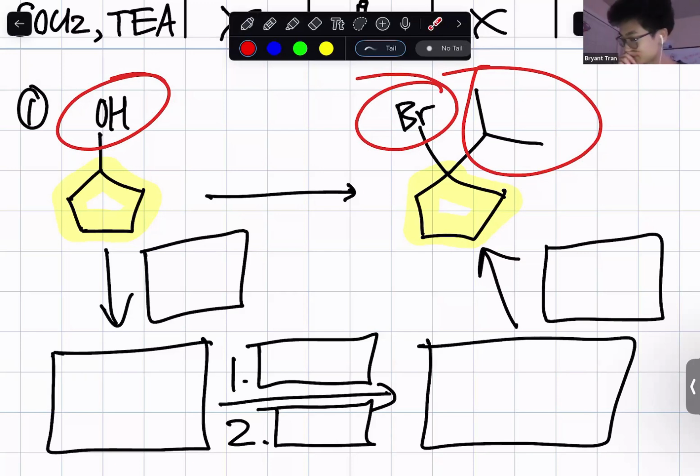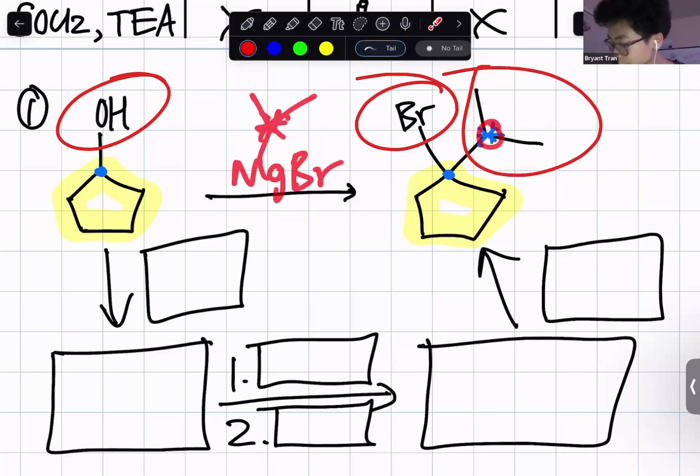If we see that this carbon here is the carbon that remains the same, and this is the new R group right here, we could say that this dotted carbon was the electrophile, right? So that was attacked by this Grignard reagent, and our Grignard reagent was this MgBr right here, where that starred carbon is our nucleophile that attacked this dotted carbon.